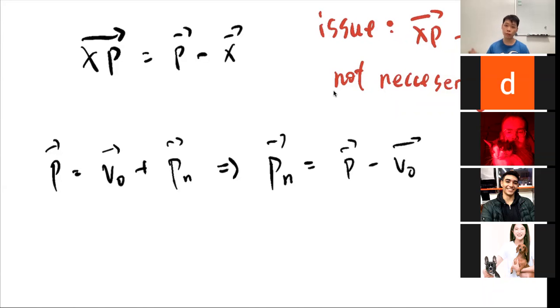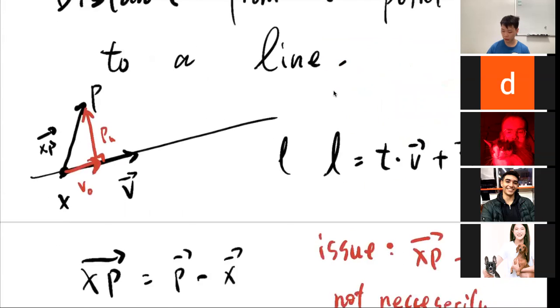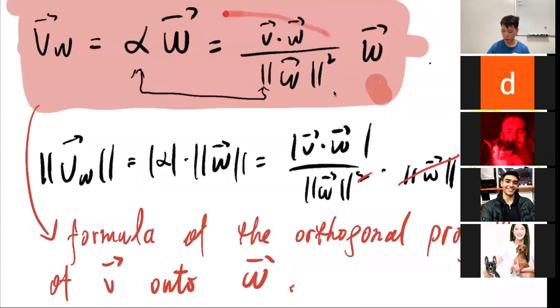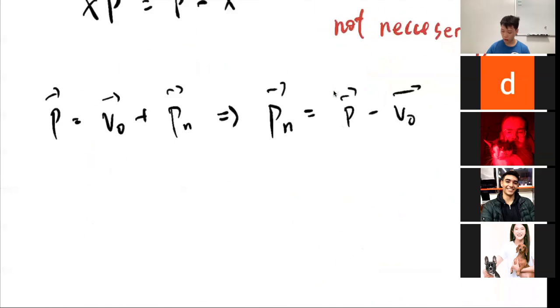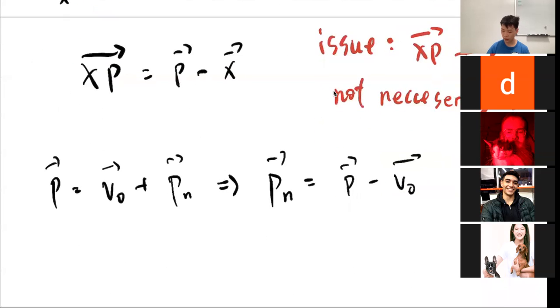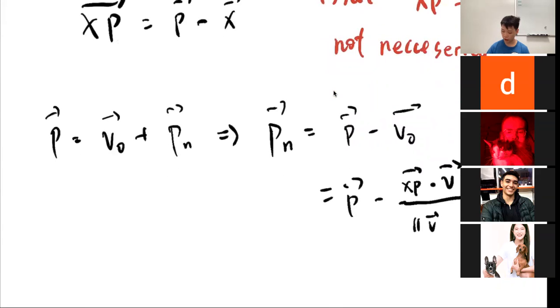We already know how to compute the orthogonal projection; use this formula. If we project XP onto V, this equals XP dot V divided by the length of V squared, times V.